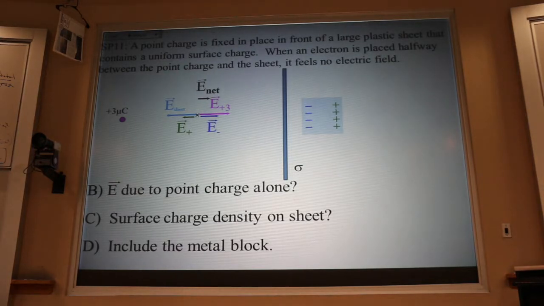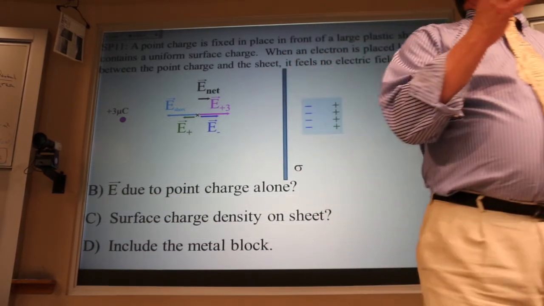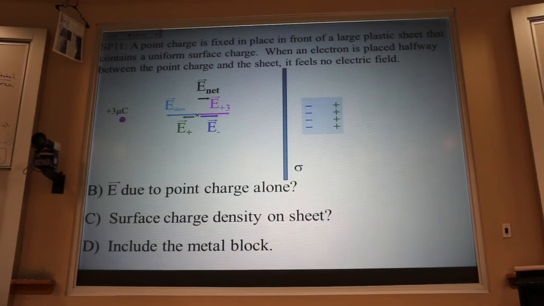Yes, sir? Since it's an electron, can we assume that it's a negative point charge? Yes, that's my question. The definition of the electric field was fixed before even I was born. It is the force that would be exerted if I put a +1 coulomb there. If they ask for the field, that's what they're asking for, and it's to the right.